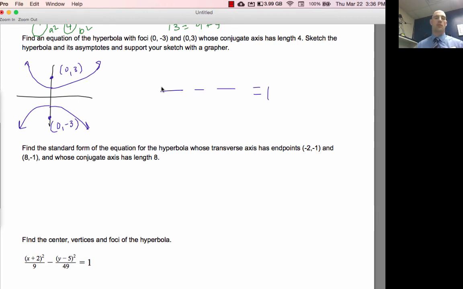So when I've got this hyperbola, I can put in my x's and my y's now. It goes this way, so that means y squared is first. The fact that this distance right here and this distance here are the same means they're equidistant from 0. So my center is at 0. So it's 3 up, 3 down. And so I'm not going to have any changes in my center, so I don't have to put in parentheses.